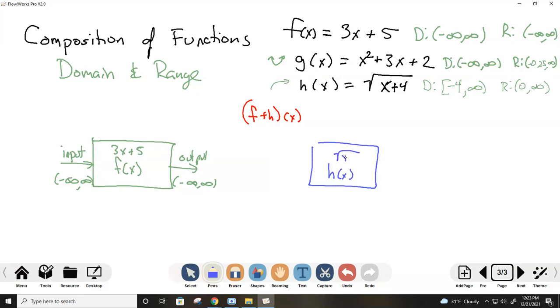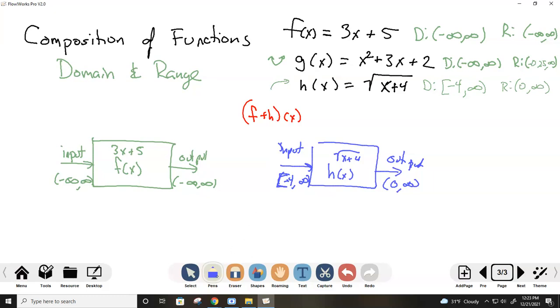H of x was the square root of x plus 4. And on here, my input has to be from negative 4 to infinity. My output will be a non-negative value.